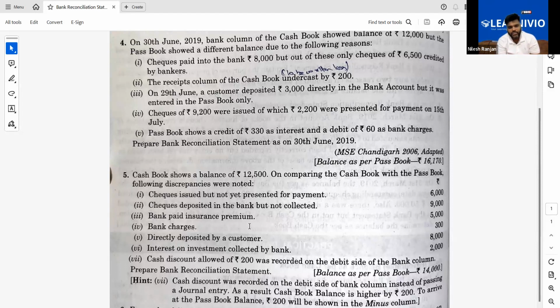Second will be deducted. Third will be deducted. Fourth will be deducted. After that, directly deposited by customer will be added, and then interest on investment collected by bank will also be added. Interest on investment collected by bank.